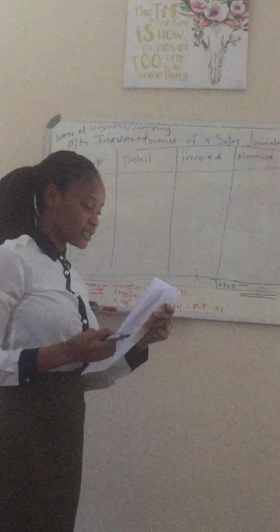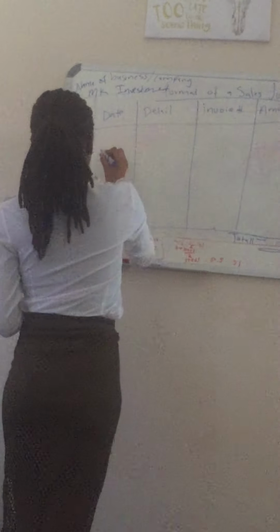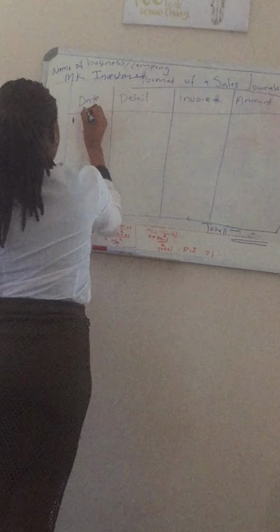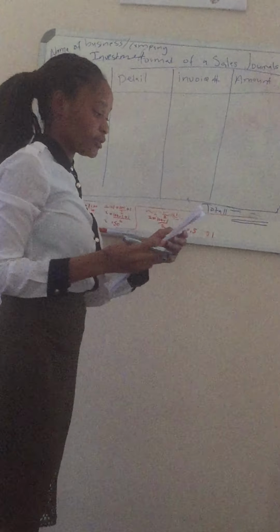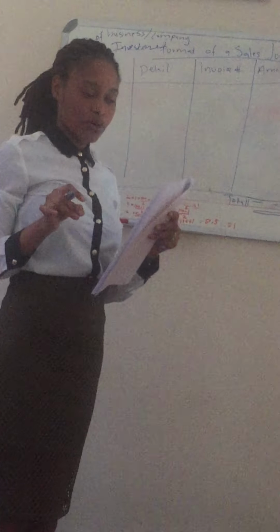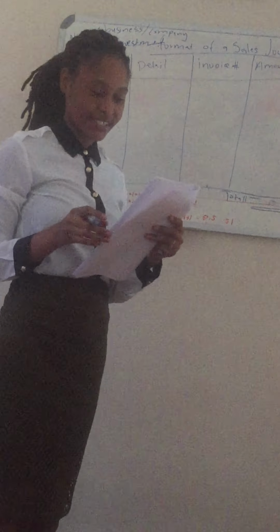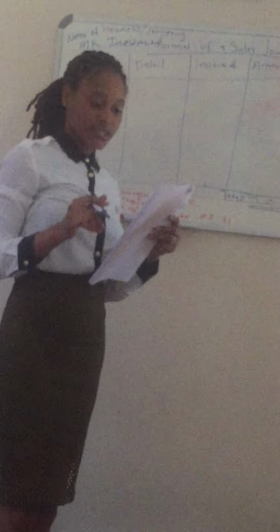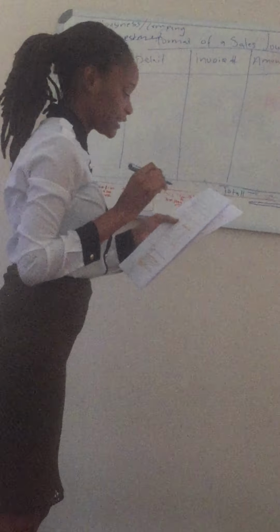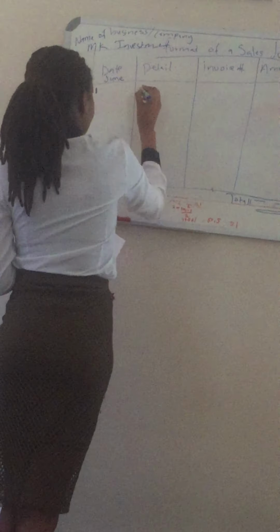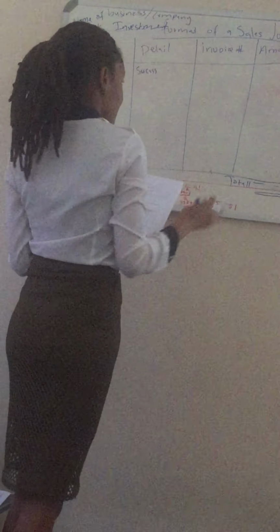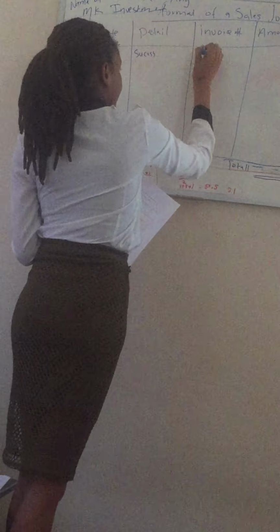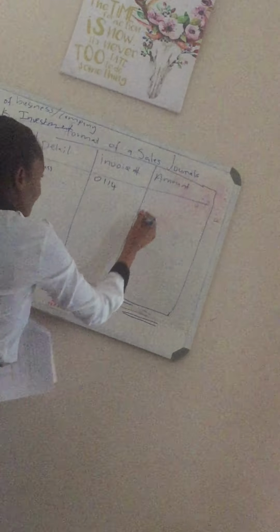So the date, June, just write June here. The 1st of June, sold goods to Success on credit, 200, invoice 0114, meaning Success is the details, name of a person, and then invoice number, and then the amount.